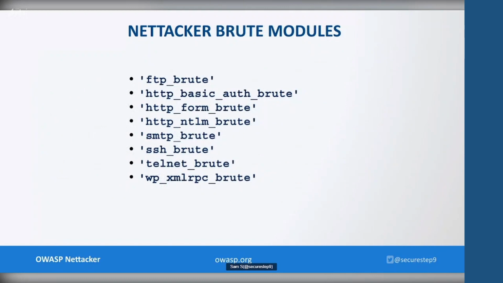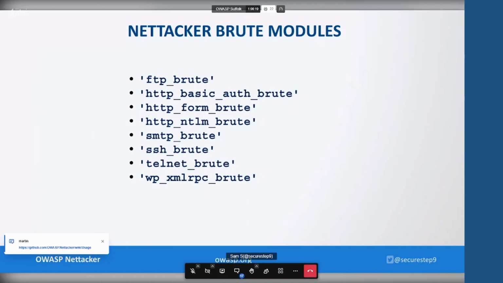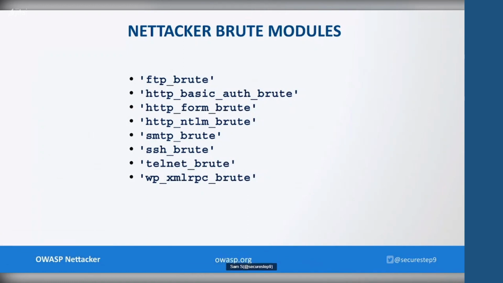And then Nettacker has brute forcing modules. So Nettacker can perform brute forcing. And by brute forcing, I mean it's going to brute force user accounts. So you can brute force accounts using FTP protocol, using HTTP basic auth protocol, using HTTP forms, which means basically every single website which has a username and password form on it.